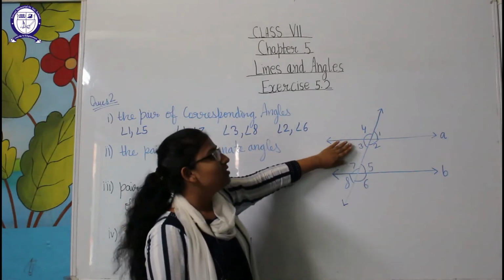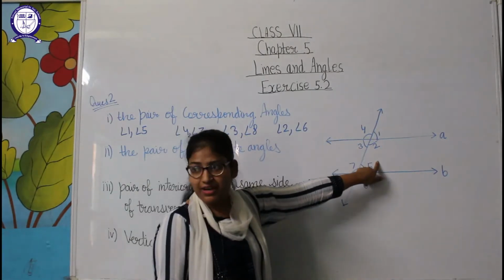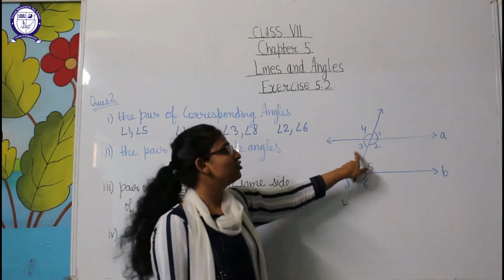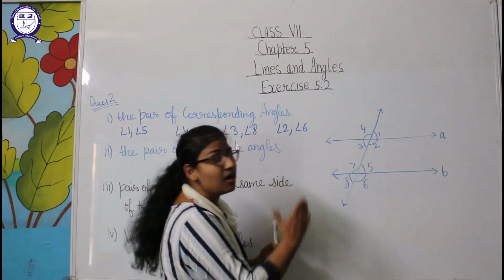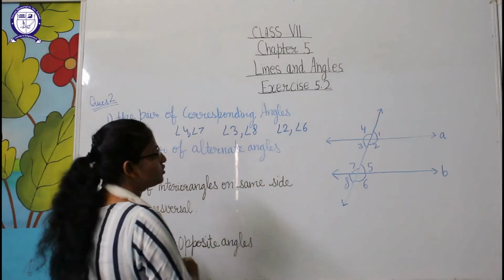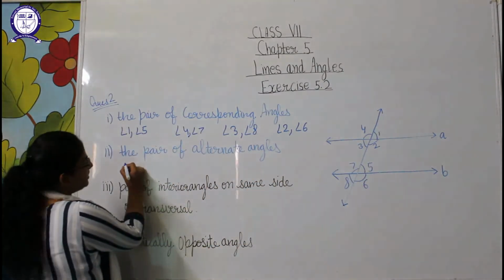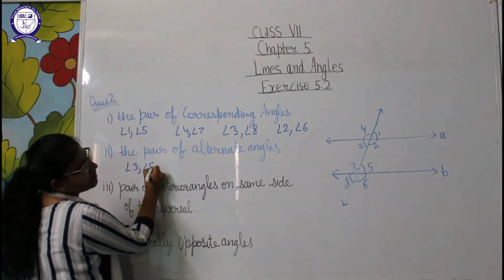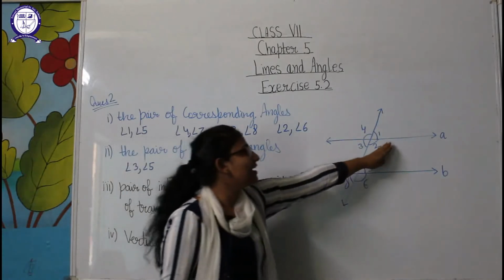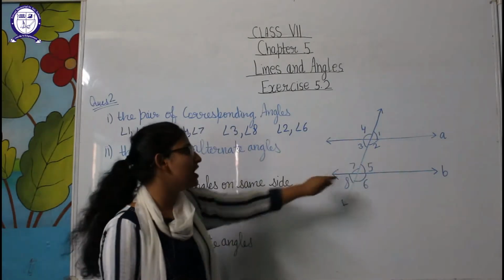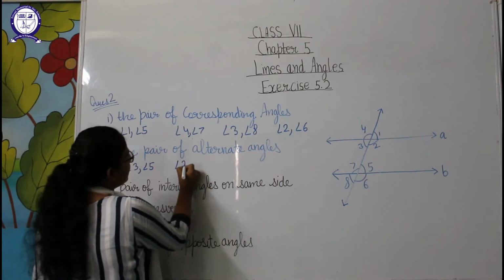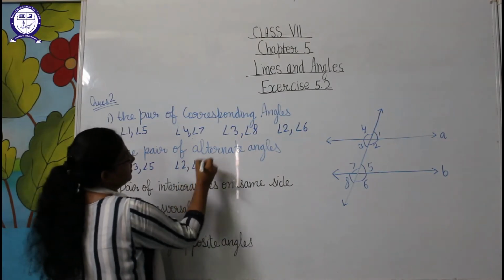Angle 3 and angle 5 are alternate interior angles, because they are forming part of the 8 here. So pair of alternate interior angles are angle 3 and angle 5, and the next one is angle 2 and angle 7. They are also a pair of alternate interior angles, 2 and 7.